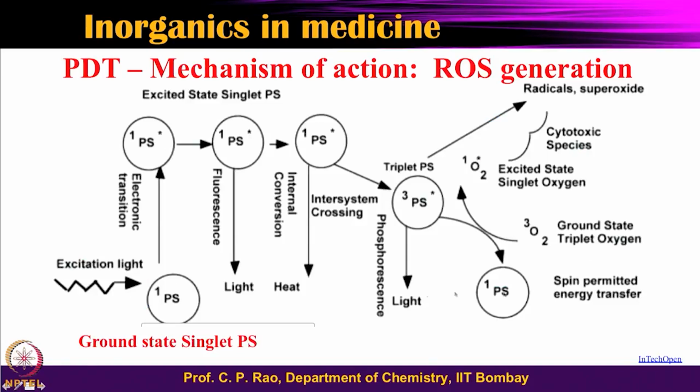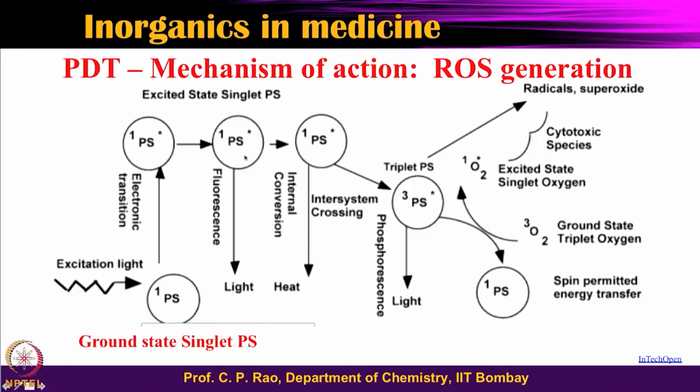Exactly the same thing that I talked about earlier is shown in a slightly different way; whichever one you understand better is okay. This is the ground state of the photosensitizer, and now shine light, it will go into an electronic transition, the electronic excited state shown with this star, but still singlet. And this can, as I said, go to the zero vibrational level in the excited electronic level and release the energy in the form of light, which is fluorescence.